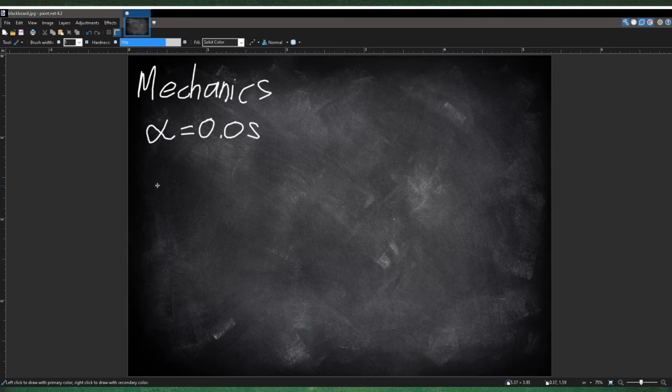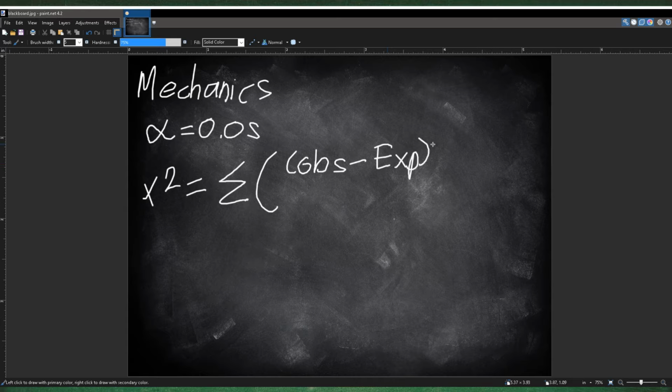And now you have the x squared, which is equal to the summation of the observed minus the expected, then square that number, and then divide that by the expected.